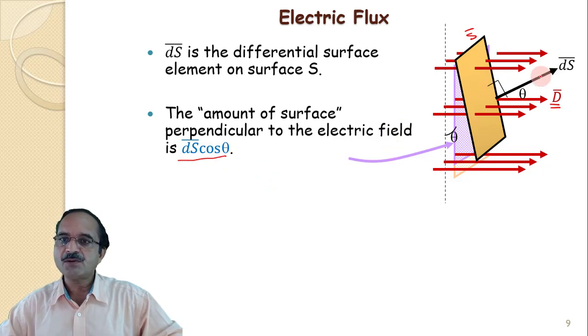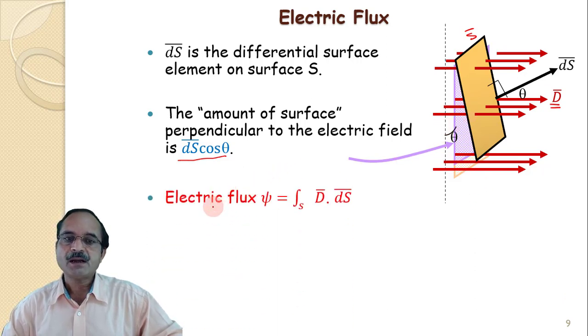If theta is equal to 90 degrees, then no flux will pass through the surface. So in general, the flux passing through the surface, psi, is equal to the surface integral of D dot ds.